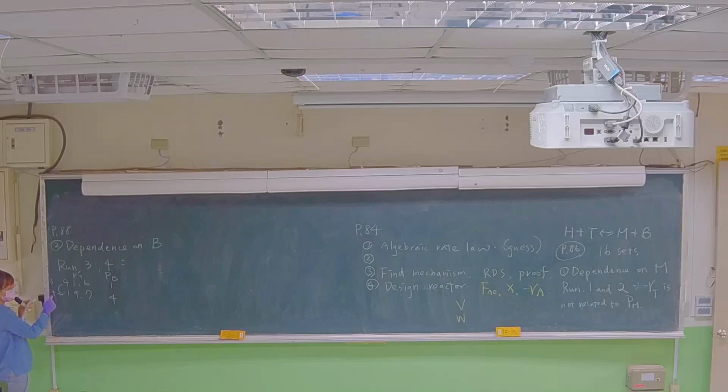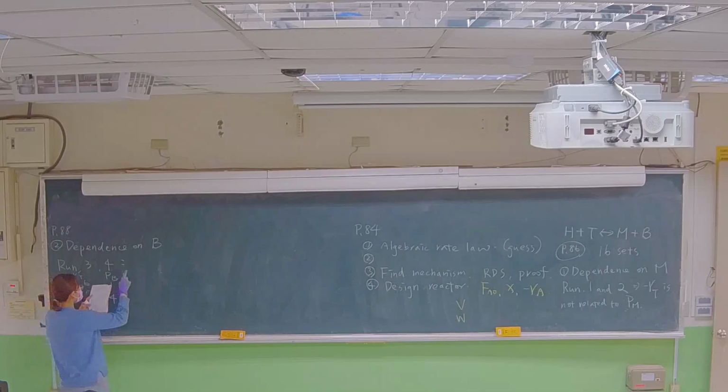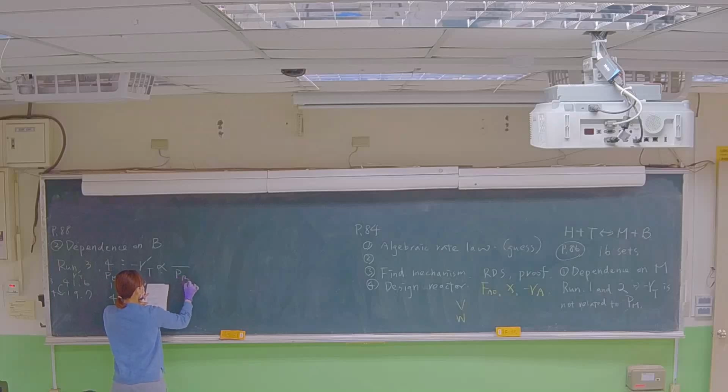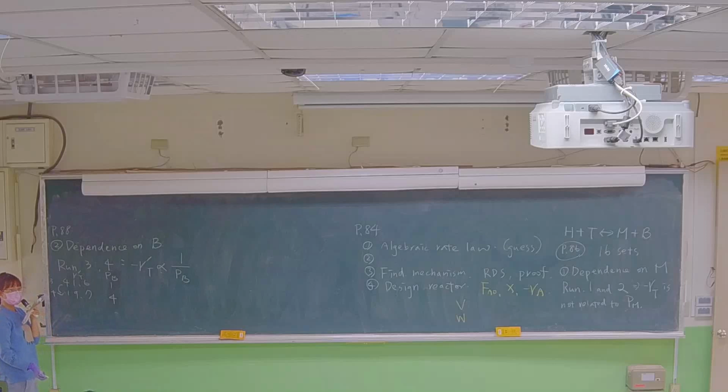You see the rate law decreased. That is different, right? Very obvious. These two are different. So it decreases, but the PB increases. So you can guess this one, okay? Inversely proportional. Rate law is inversely proportional to PB.